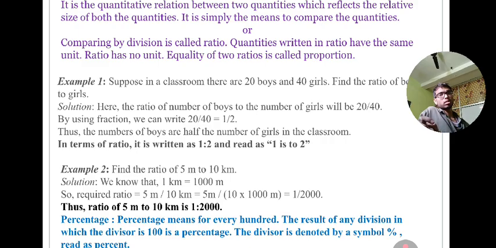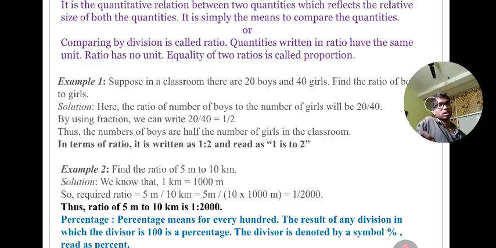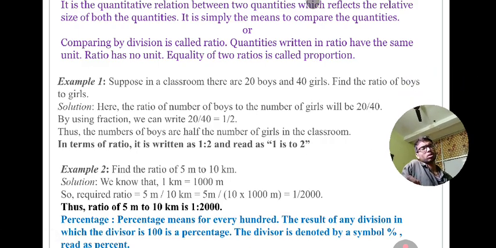Example: suppose in a class there are 20 boys and 40 girls. So the number of boys is less compared to the number of girls. Find the ratio of boys to girls. Of course, 20 ratio 40. But after simplifying it, we will get 1 upon 2.